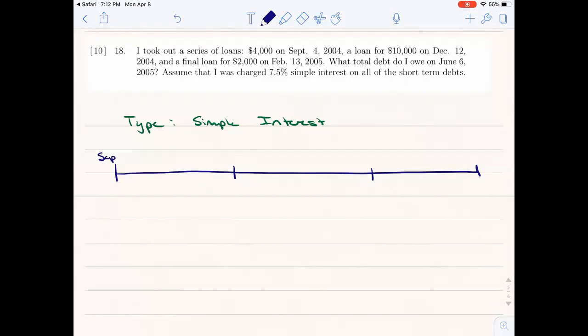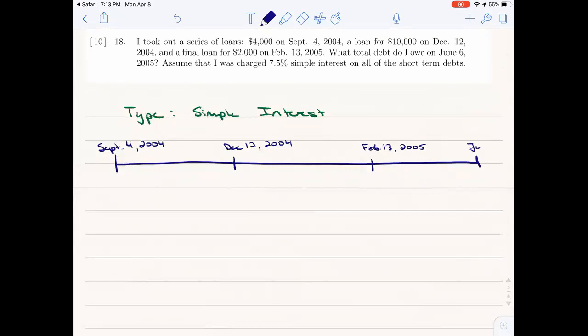So I've got September 4th, 2004, December 12th, 2004, February 13th, 2005, and then finally June 6th, 2005.